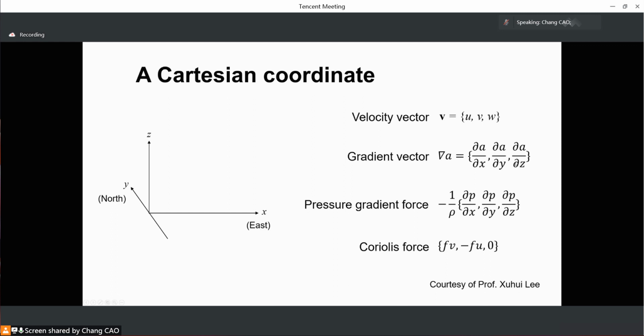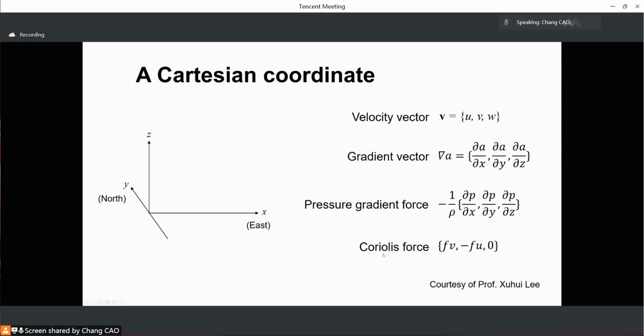And this part is the pressure gradient force, which is also in 3 directions: x direction, y direction, and z direction.